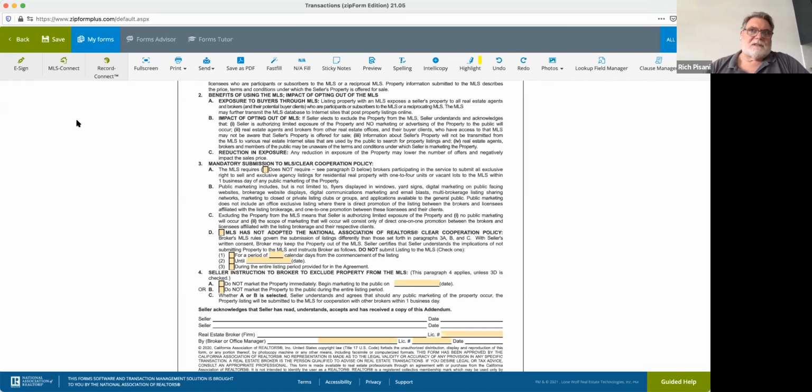CRISNet, which is the Valley, is up to $15,000. So 1% of the list price, up to $15,000 for violating clear cooperation. So it's pretty steep there. The other MLS, I think they're around the $3,500 range too. So just so you know, it's a fine, it's a violation. So you don't want to do that.